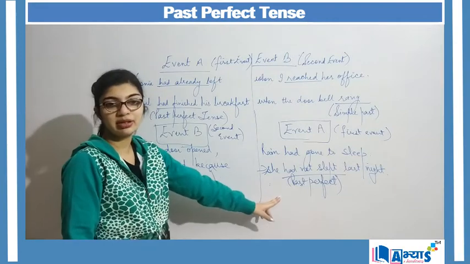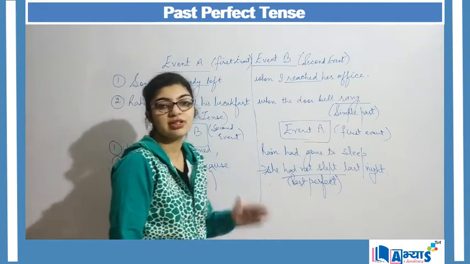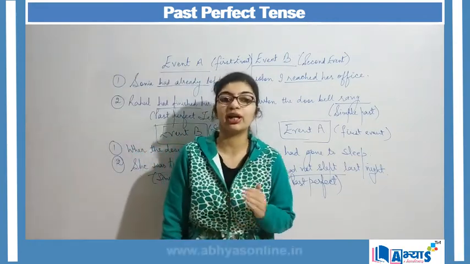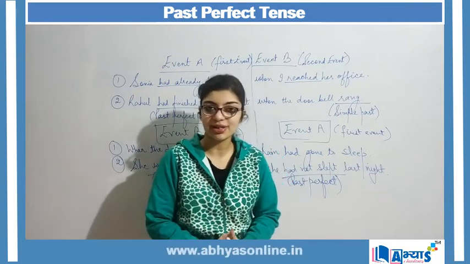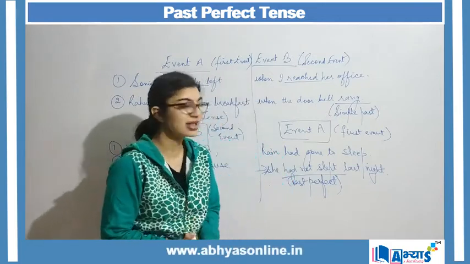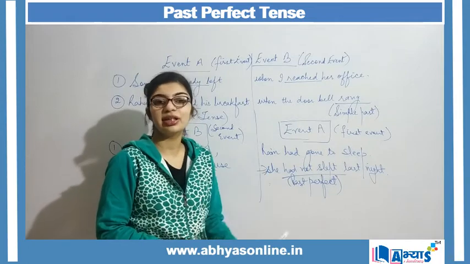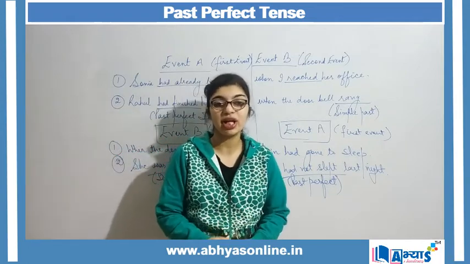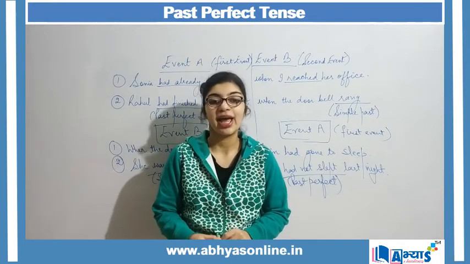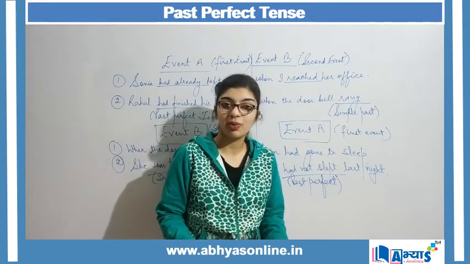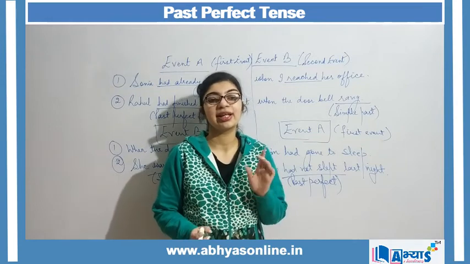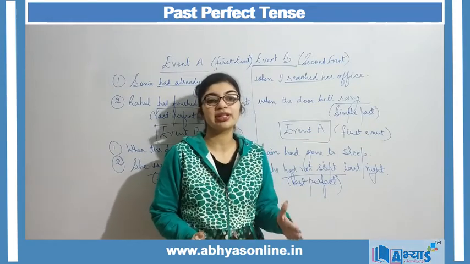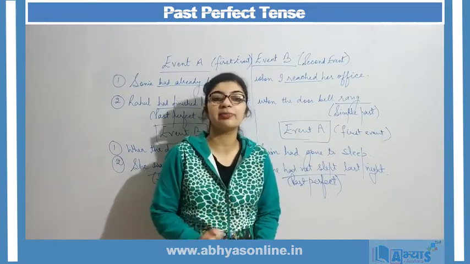Both the events are in the past, but past perfect tense is used to represent the order in which the events have occurred in the past. The rule is had plus third form of verb, and if in the sentence we are using past perfect tense and another type of tense is required to complete the sentence, then with past perfect tense we will always use simple past tense.